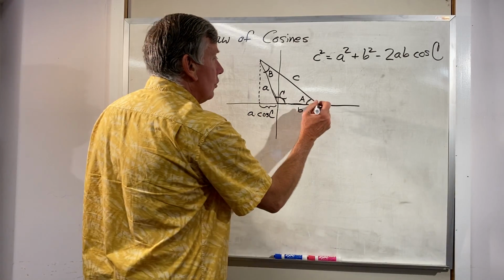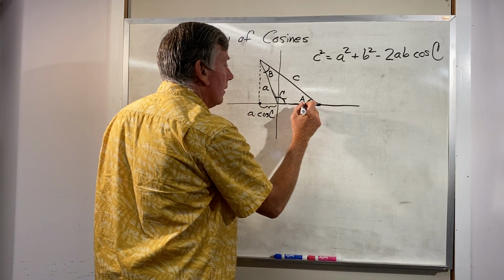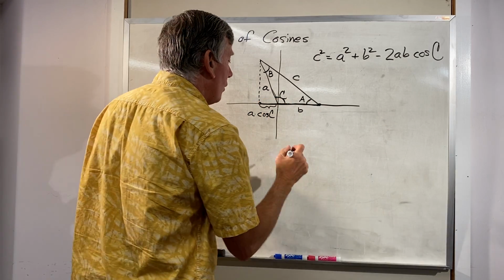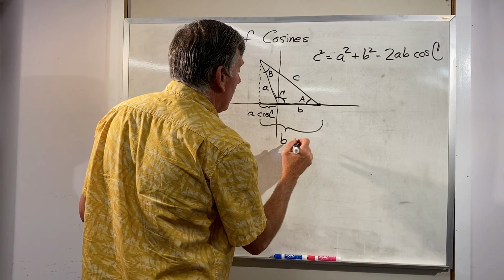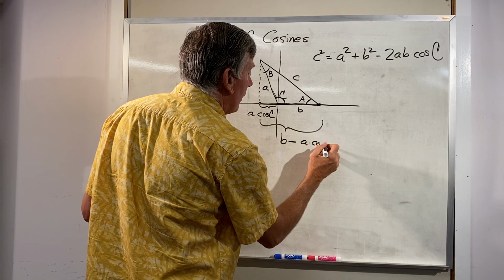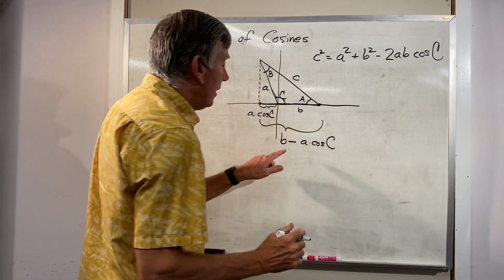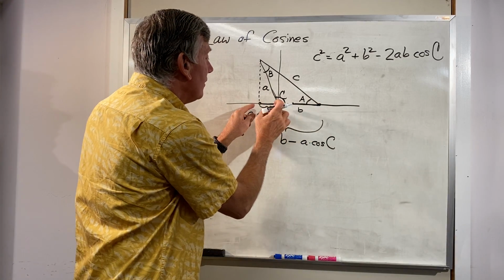I want to depict this length between these 2 points here. That length is going to be B minus A times the cosine of C. I'm choosing minus because I want to be adding these two distances.